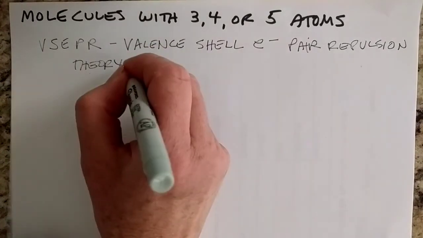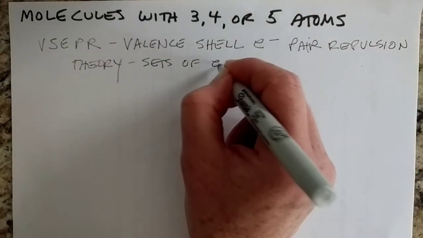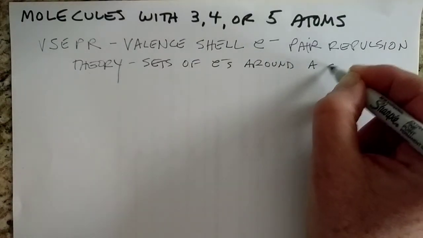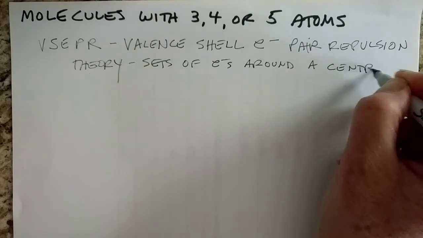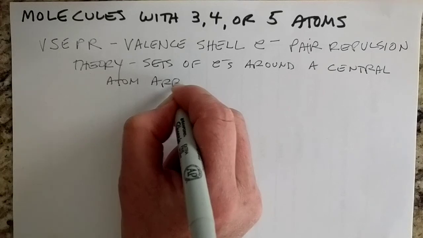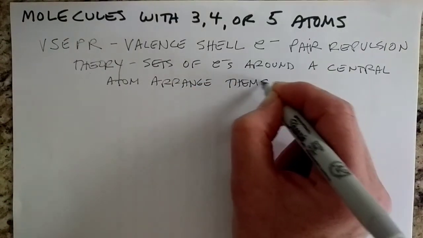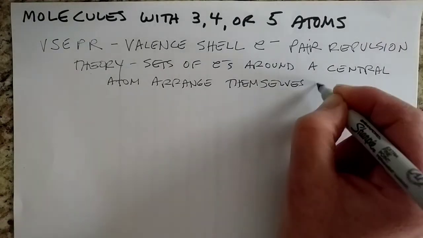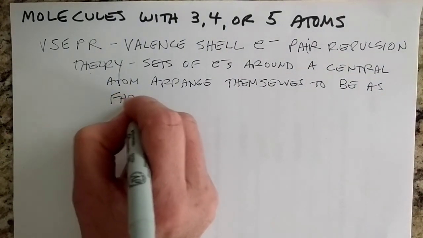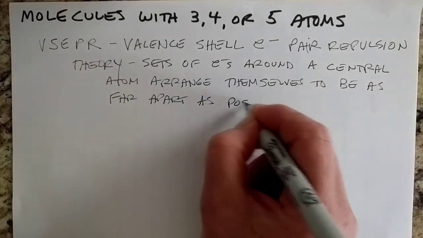And this says that sets of electrons around a central atom arrange themselves to be as far apart as possible.